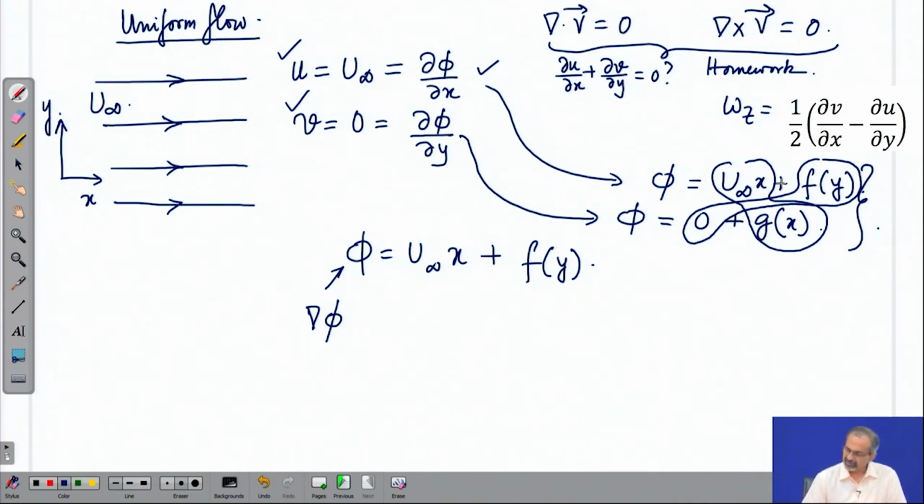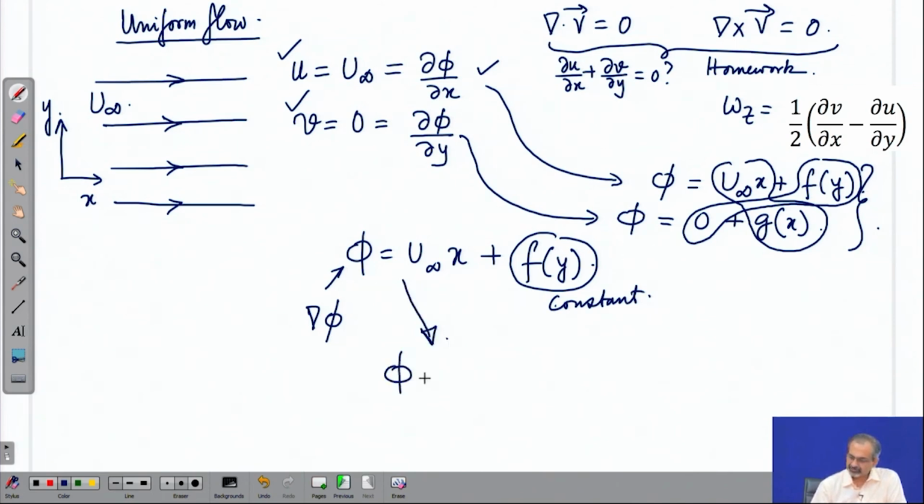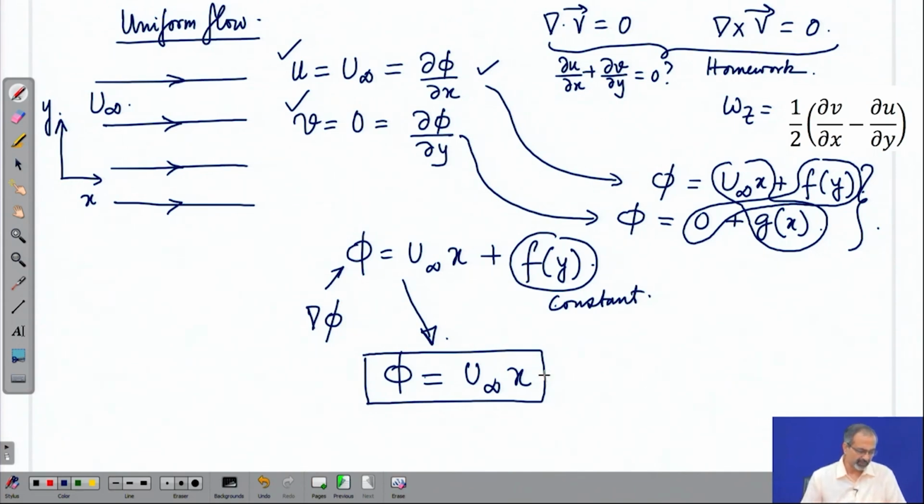And remember that f y is essentially a constant. So, the moment you take the derivative, that constant will go away. So, finally, without losing any kind of generality, you can say that the phi for the uniform flow field is equal to u infinity x.